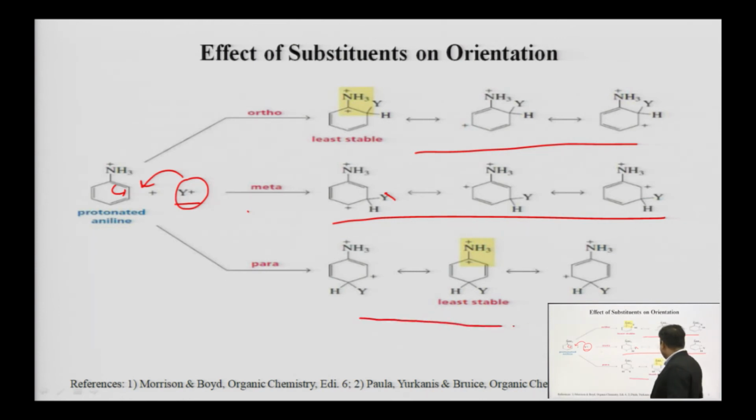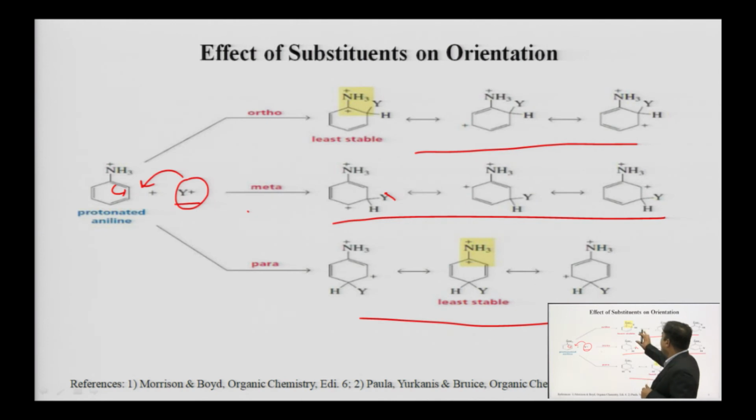In the case of para attack, again a carbocation is formed as an intermediate, and because of the delocalization of the positive charge, there is also a possibility of 3 resonating structures. So, the number of resonating structures formed by the attack of the second electrophile on the benzene is the same. 3 resonating structures are possible in all 3 orientations: ortho, meta, para. Okay. Now, you can check the stability.